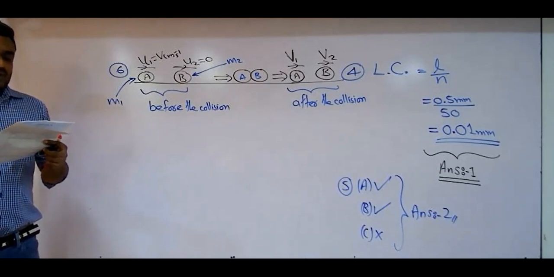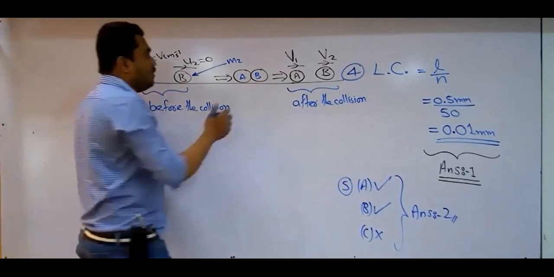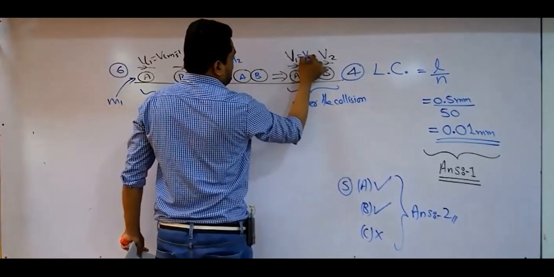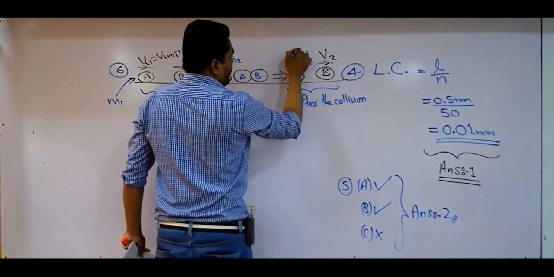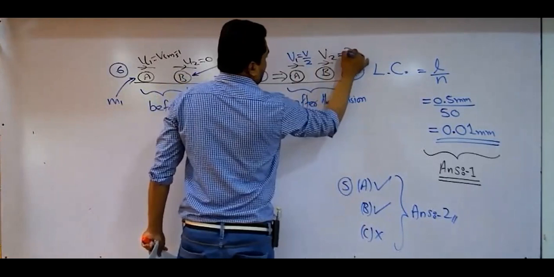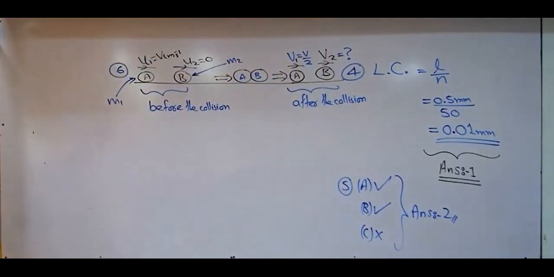A continues moving in its original direction with half of its original speed. Half of it means V1 is V over 2. So we want to find what V2 is. Draw the figure here, quick.